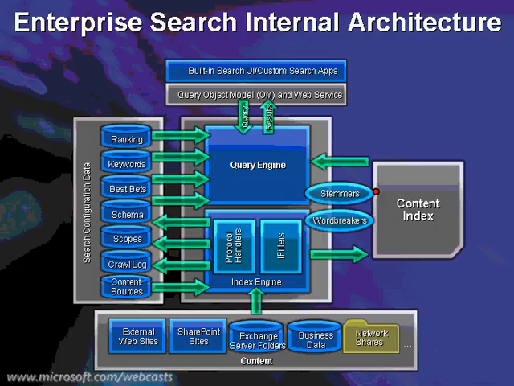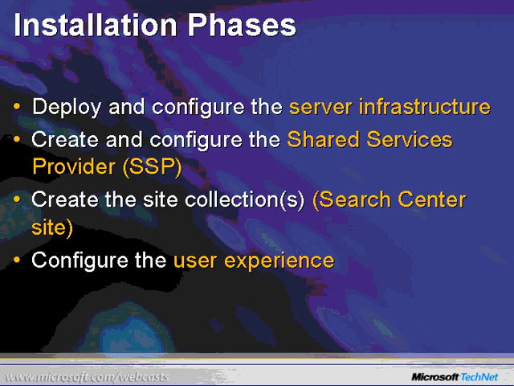And once that's completed, or as it goes, there's continuous propagation of that content index, where the query engine can then reference that, and via SharePoint, via custom applications, via the object model, end users can then issue queries and get results. So just to give you a bit of a framework at a high level of what the internal architecture is looking like.